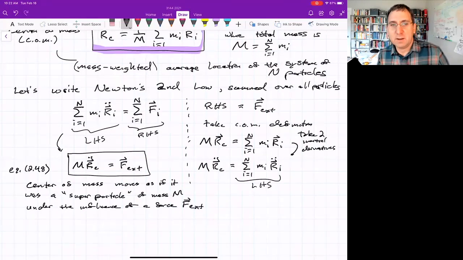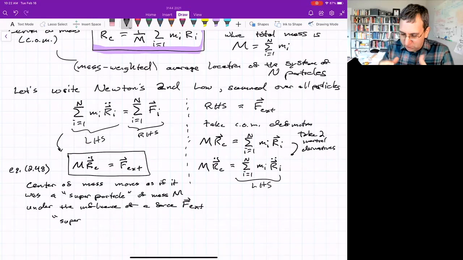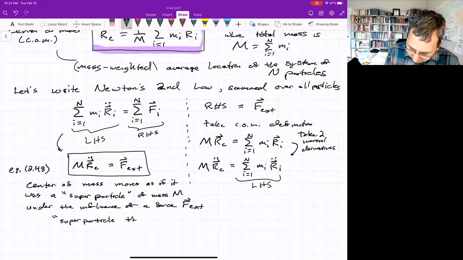So it looks like F equals ma, but it arose because of the pairwise canceling out of internal forces. So it's called the Superparticle Theorem.